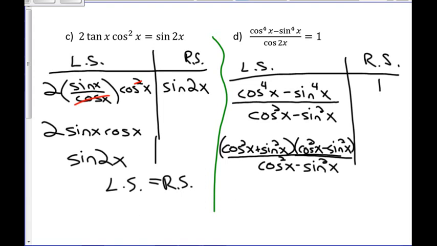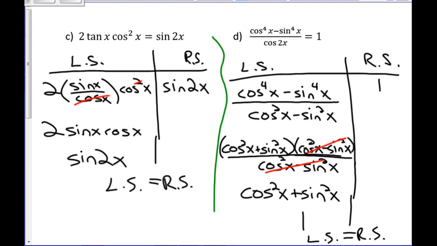I didn't bother factoring the bottom because I can see right here that some things are going to divide out. If you had factored the bottom and kept factoring the top, it still will work out for us. So what are we left with? We're left with cos squared plus sine squared x, which we know is 1. But it's really important that we show the steps to get there.